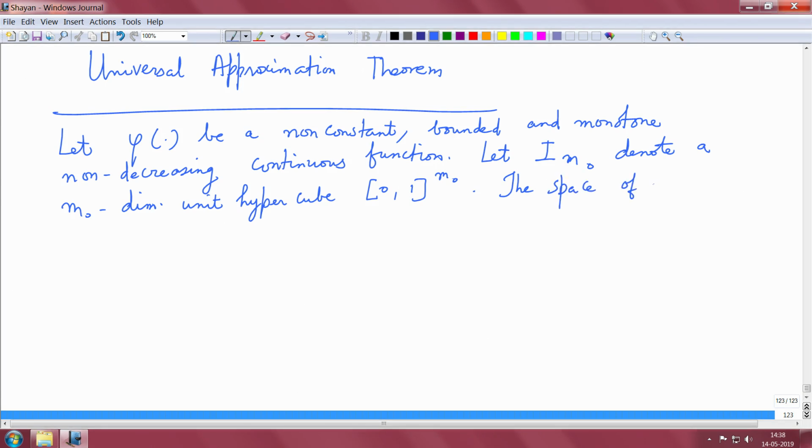The space of continuous functions on this space I m naught is denoted by C of I m naught, indicating they are all continuous functions.